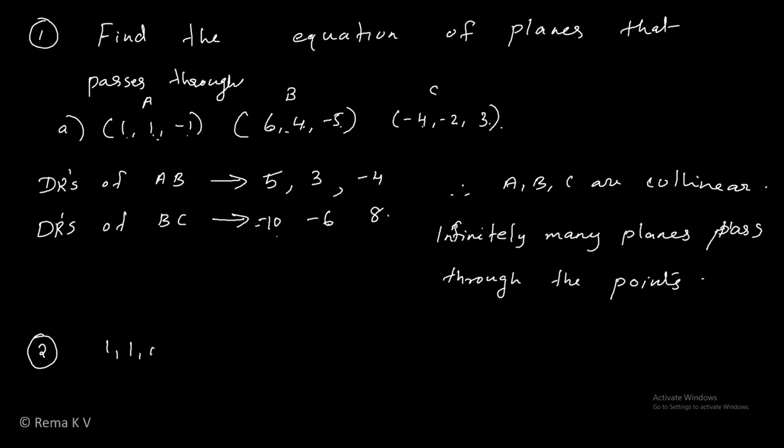The points are (1, 1, 0), then (1, 2, 1), then (-2, 2, -1). Check whether these points are collinear or non-collinear.